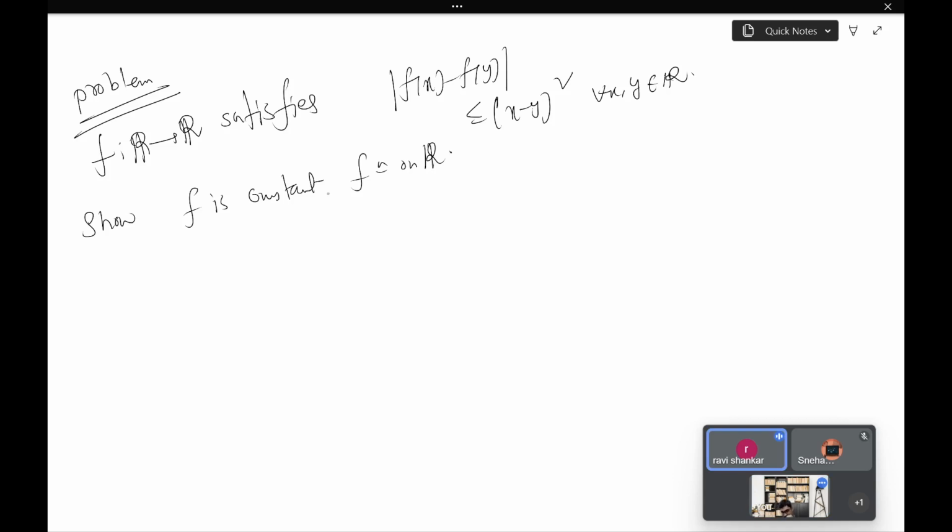Sir, we have one inequality relation now, that mod of f of x plus f of y is less than or equal to mod of f x plus mod of f of y.